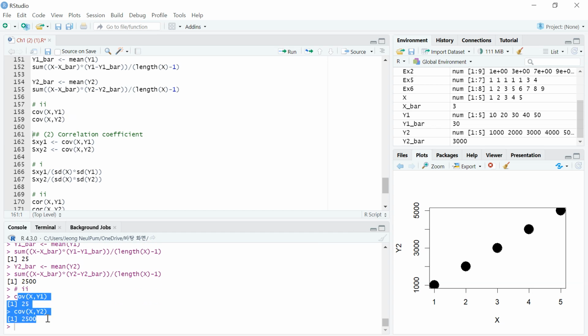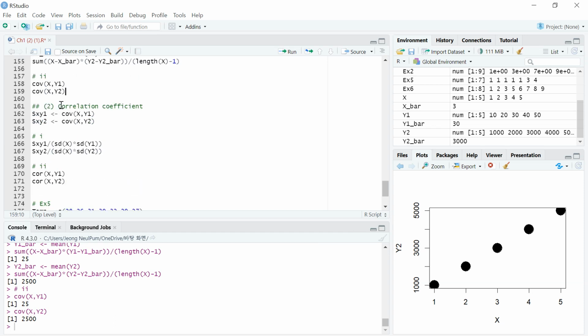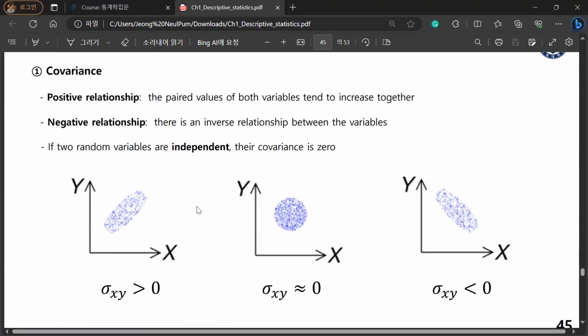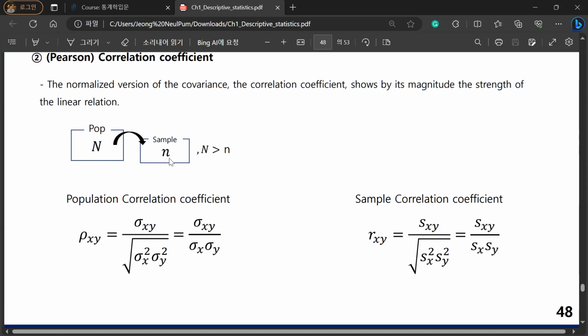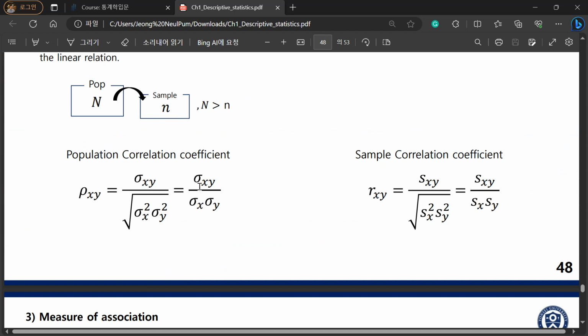And actually, there is also a covariance function in our programming, so we can very easily get the covariance value here using the covariance function. And as you already know, the correlation coefficient, the next notion, we can get by dividing our covariance by each standard deviation.